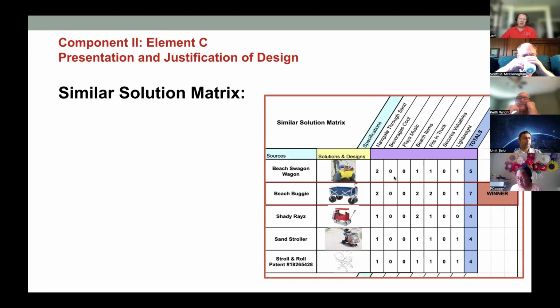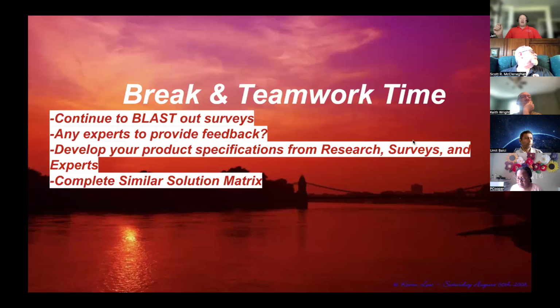Or which one will be best at navigating sand, or ergonomics, or lightweight? I just thought it was overkill. I just wanted them to say, this is what we have, based off of our specs. Anyways, that's kind of where that goes.